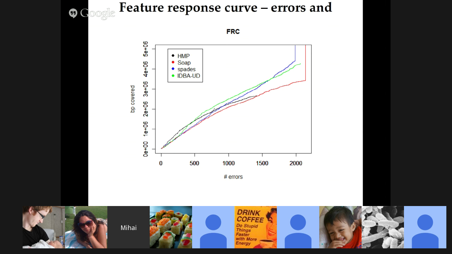So that tells me this green assembly seems to be better. And this is a more useful view of the assembly than simply saying, hey, my assembly has 2,000 errors. That doesn't tell me much, except that at 2,000 errors, green is above red, which means green is reconstructing more of the genome.